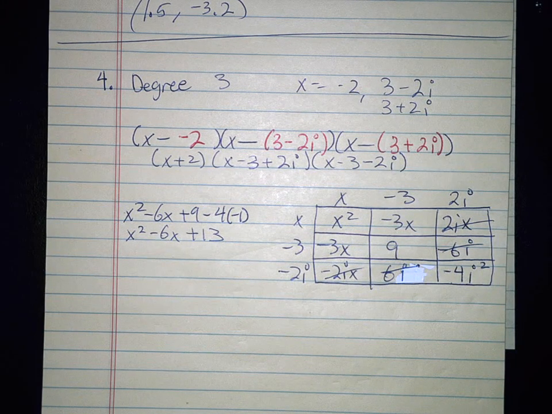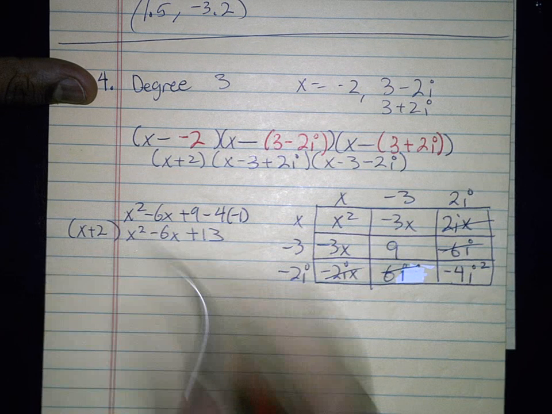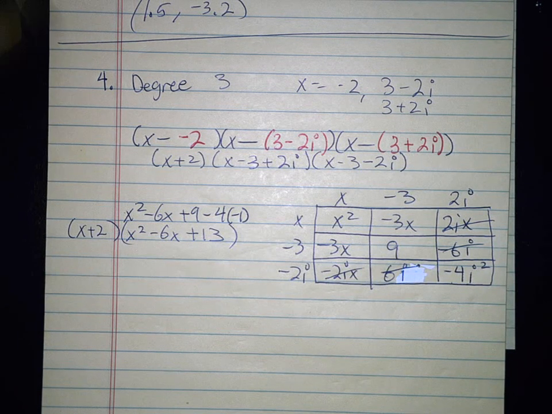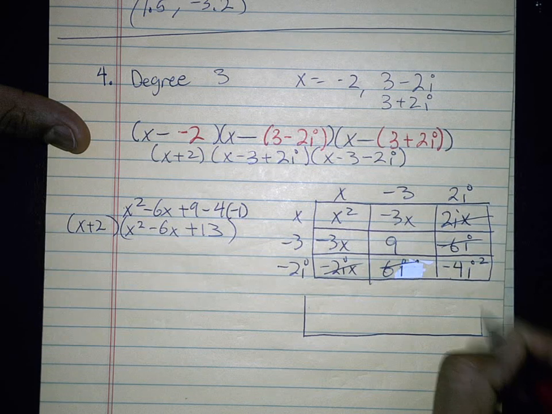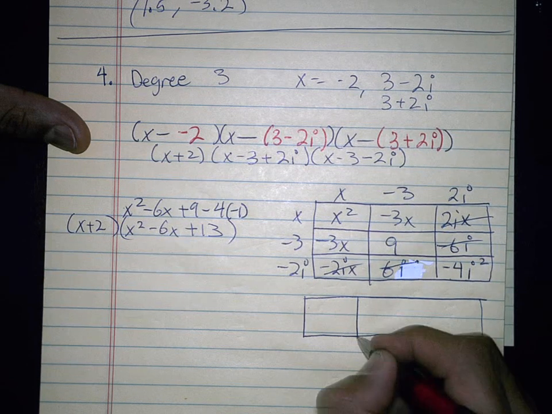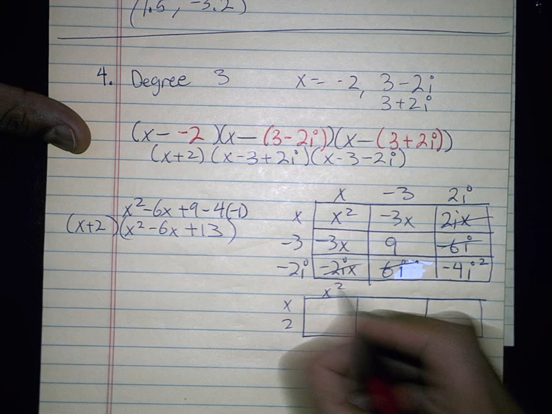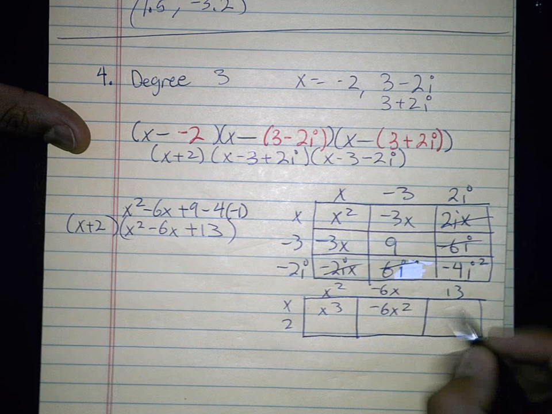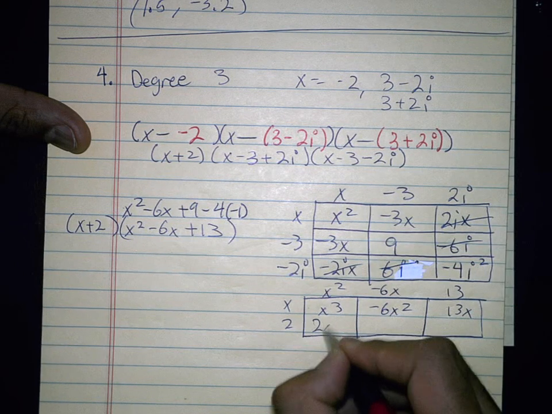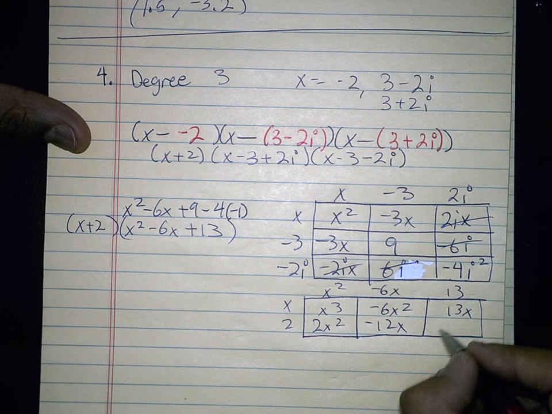Okay. Then we will go ahead and now multiply by x plus 2, right? So then we'll come down here and we'll do a 2 by 3 here. x to the third minus 6x squared, 13x, 2x squared minus 12x, and then 26.